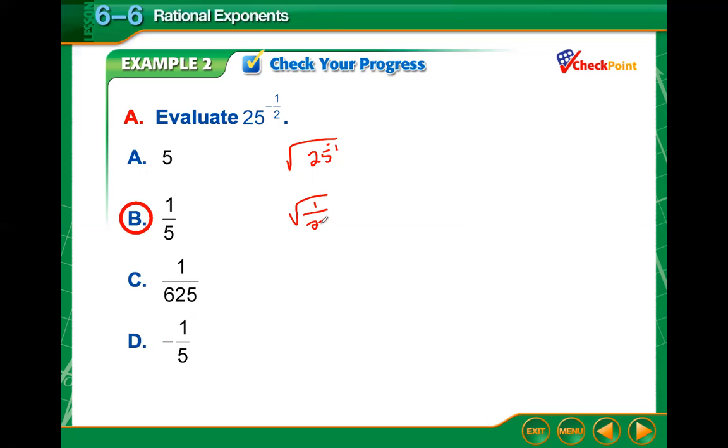There it is. We can use the quotient property, which would let me break this up into two separate roots, which would let me just get 1 over 5. That's one way of doing it. Or again, if you have a calculator that lets you, you could do that part in the calculator.